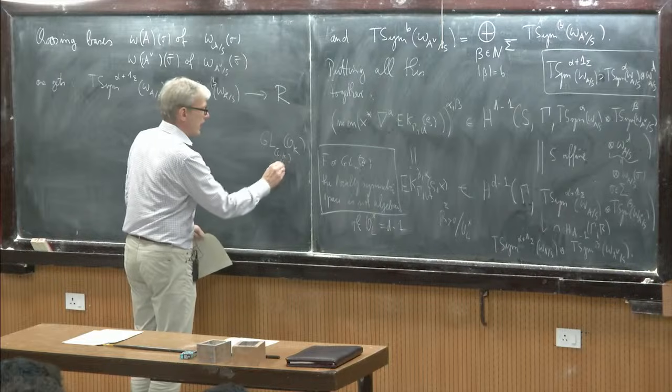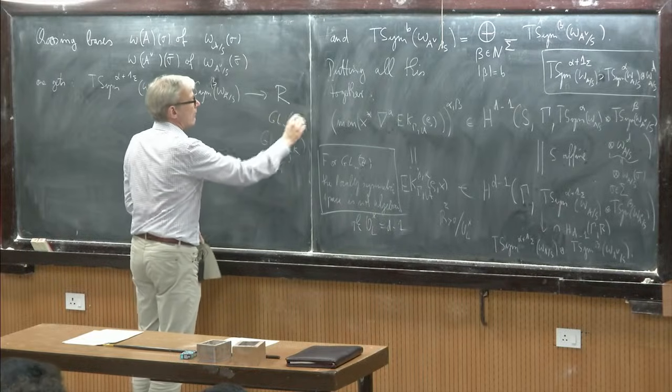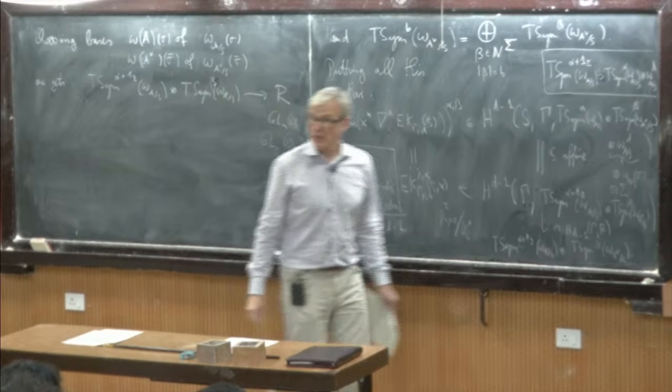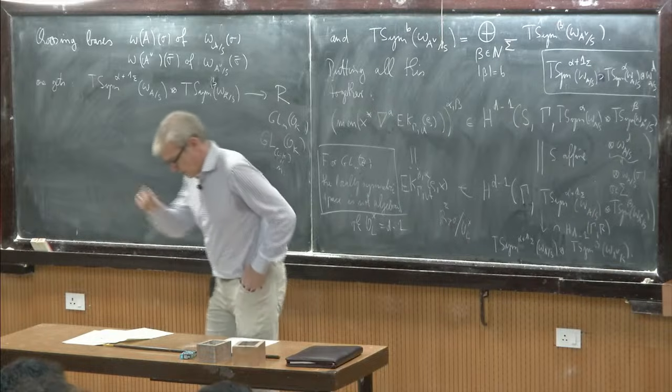So if this has degree n, then we are in GLn of OK. So they are really classes for that group. And for this group, there's also no moduli space. That's exactly the problem. That's good that you asked.